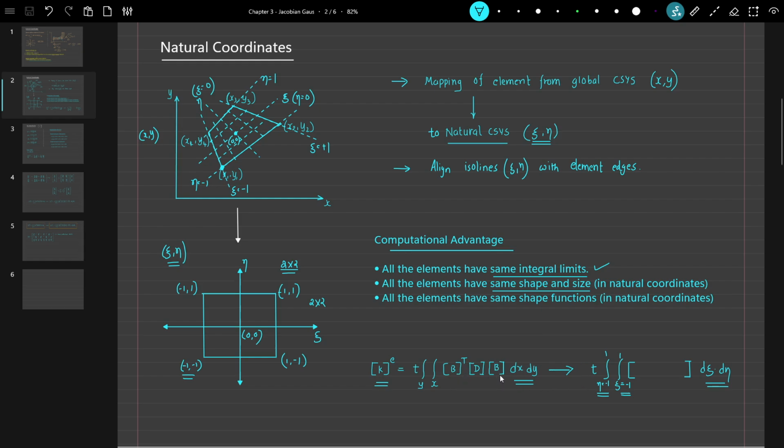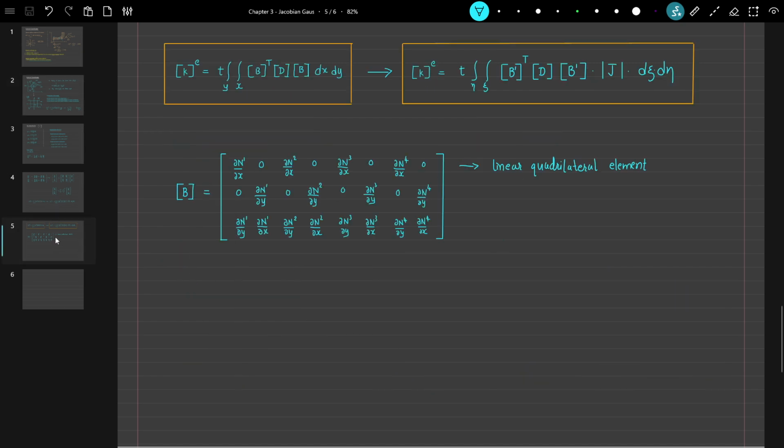If we see the B, D and B matrices, in the previous lecture we have seen the strain displacement matrix for the linear quadrilateral element, which is something like this. So this is basically partial derivatives, right? These are basically partial derivatives of shape functions with respect to x and y.